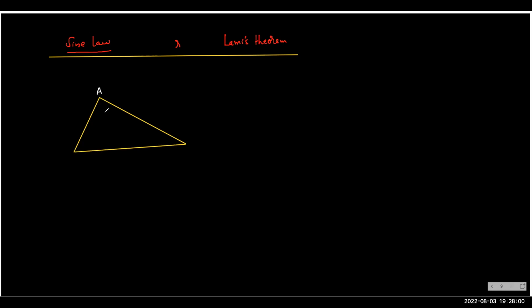If I call the vertices A, B, and C, we have some mathematical symbolic terminology. The side opposite to the angle A is called small a. The side opposite to the angle B is called small b. And the side opposite to C is called small c.